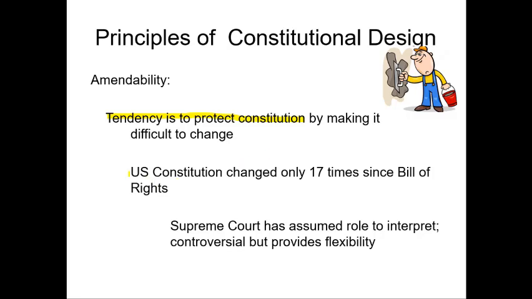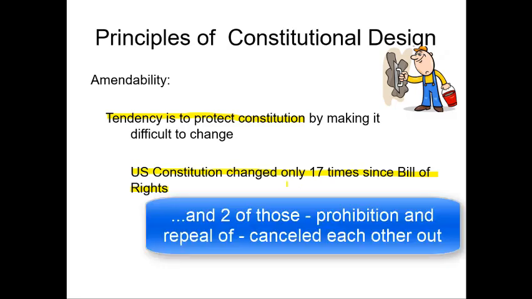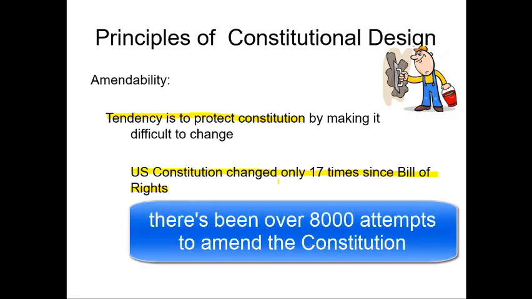For example, since the Bill of Rights, which were passed in 1791 fairly quickly after our Constitution, and the Bill of Rights, of course, were submitted as somewhat of a provision for the states to pass it, the Constitution has only been amended 17 times since 1791, and there have been over 8,000 attempts to amend the Constitution.